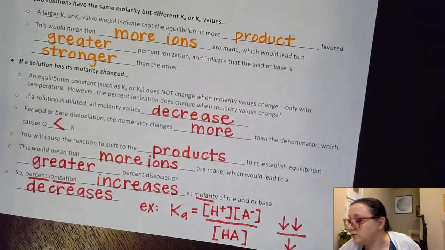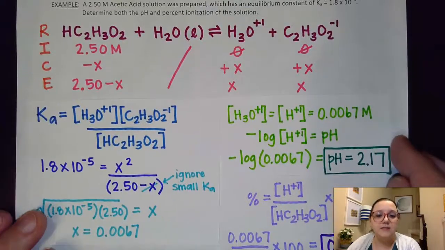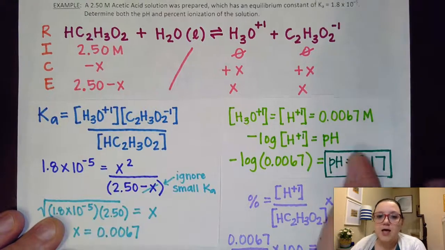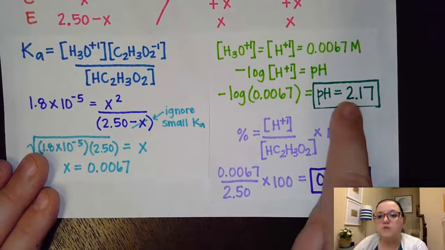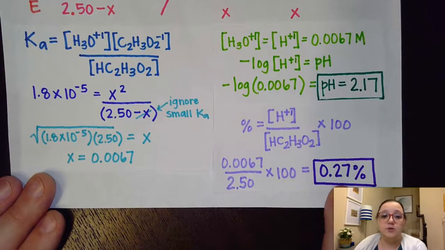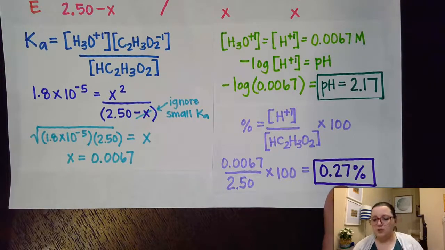And so what I want to do is actually compare the first calculation that we did on the first page. So with that acetic acid, we had 2.50 molarity, and you notice that it had a pH of 2.17 and a percent ionization of 0.27%. I'm going to show you what happens to these numbers if I change that molarity.